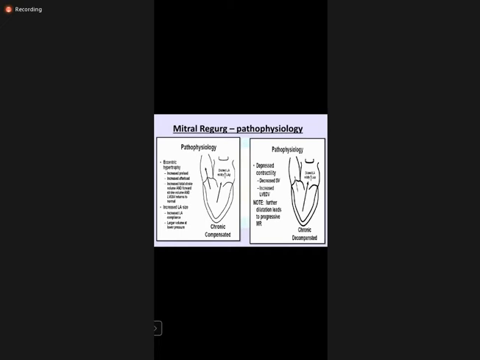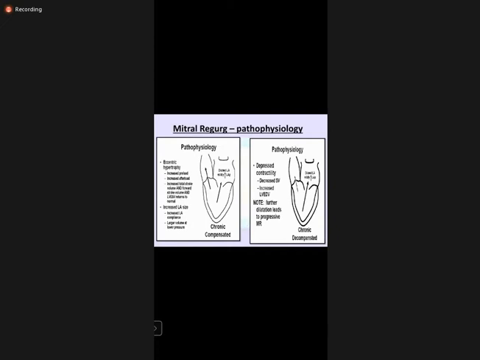In the pathophysiology of mitral regurgitation, initially there will be a chronic compensated phase in which there will be eccentric hypertrophy, increased size of LA with progressive dilatation of the left atrial cavity.